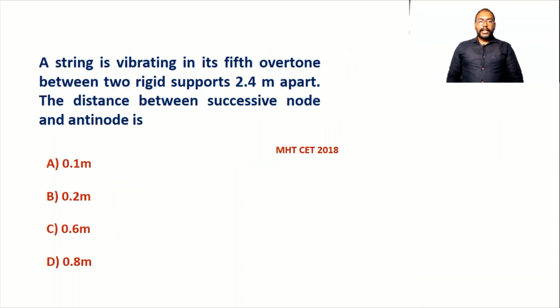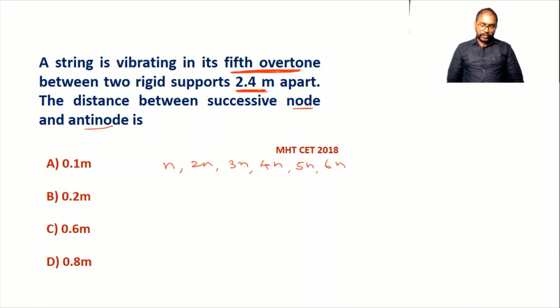A string is vibrating in its fifth overtone between two rigid supports 2.4 meter apart. Find the distance between successive node and antinode. Now how does the string vibrate? This is the question first. The string vibrates N, then 2N, 3N, 4N, 5N, 6N.